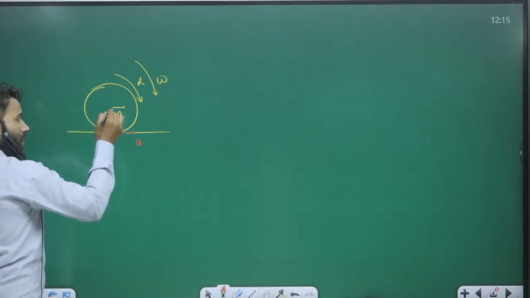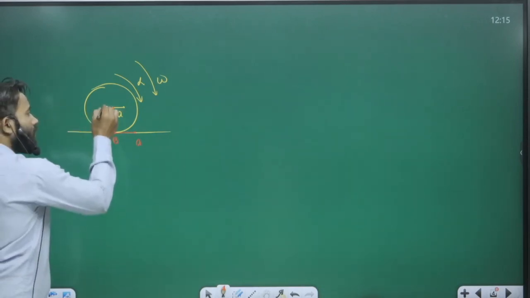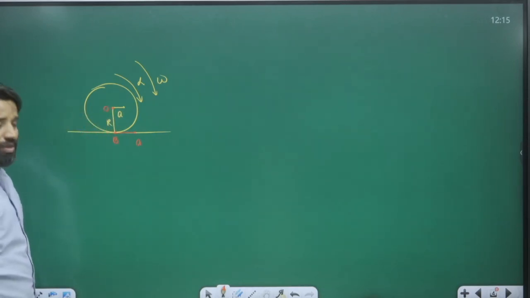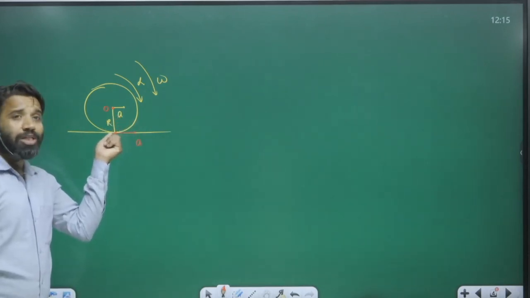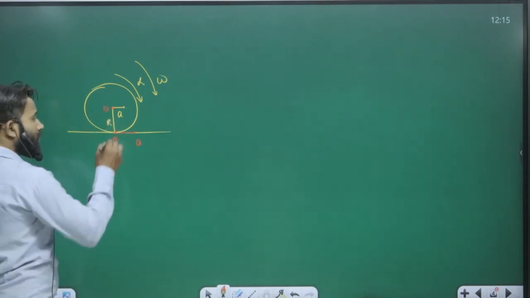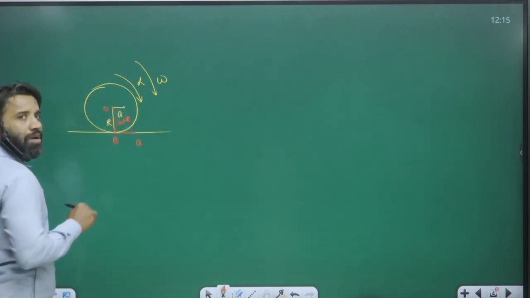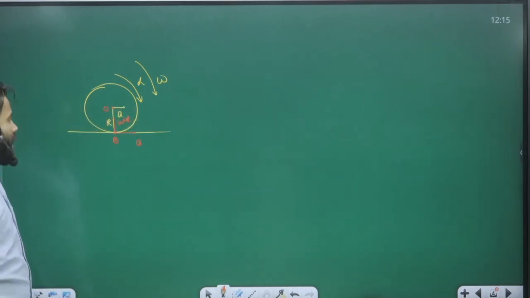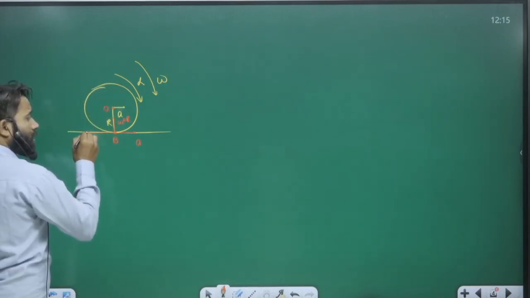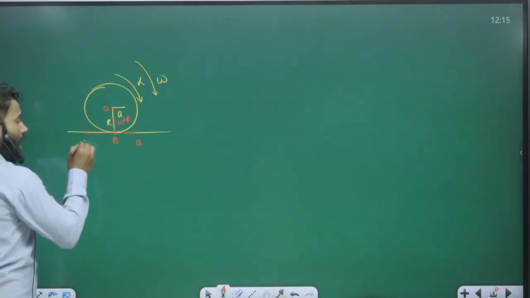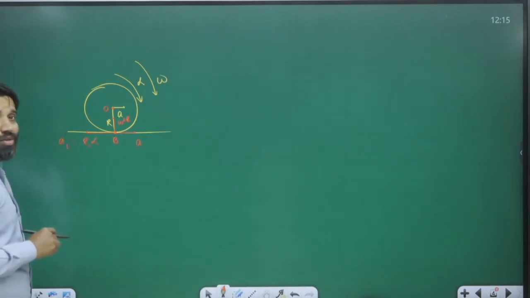As this point B is performing circular motion with respect to the center of the disk, it must have an acceleration in this direction, and that will be omega square r, that is centripetal acceleration. Again, due to this alpha, it will have acceleration along this direction, and that will be r into alpha, since earlier we have talked about tangential acceleration at is equal to r alpha.